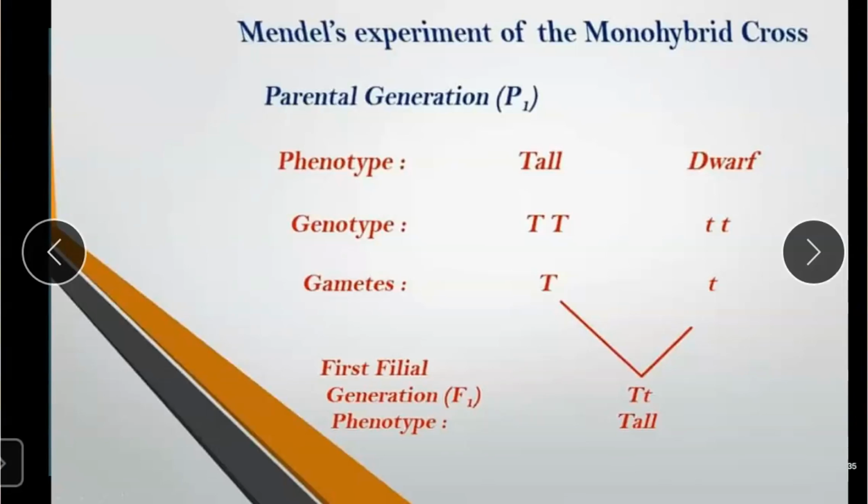Punnett square method means this cross, where we have written TT, tt, and all this mixing, in the table present in the class. It is called a Punnett square. And depending upon these observations, Mendel proposed that the factors responsible for inheritance of characteristics are present in pairs.